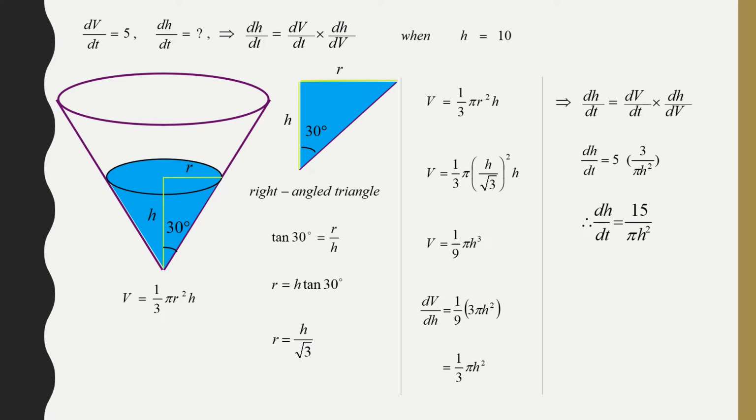To get dH over dt when H equals 10, we substitute H equals 10 into dH over dt. Then we get dH over dt equals 15 over pi times 10 squared, which is 3 over 20 pi centimeter per second.